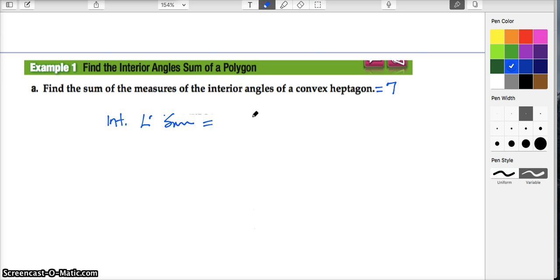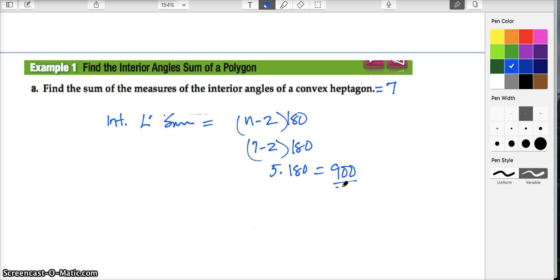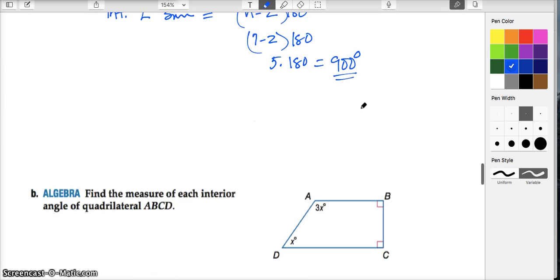What we're going to do is take n minus 2, multiply that by 180. And when I take n, in this case, it's going to be 7 minus 2, which is 5. I'm going to multiply that by 180. I know we just did this, guys, but it's kind of cool to use the formula. We get 900 degrees. So the sum of the measures of the interior angles of a convex heptagon will be 900 degrees.